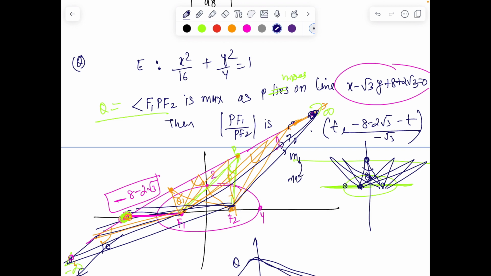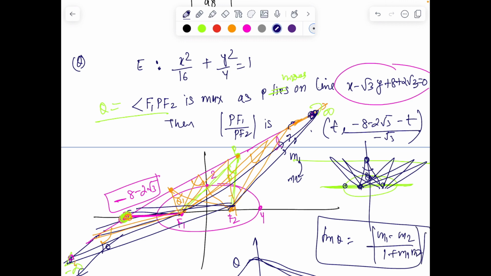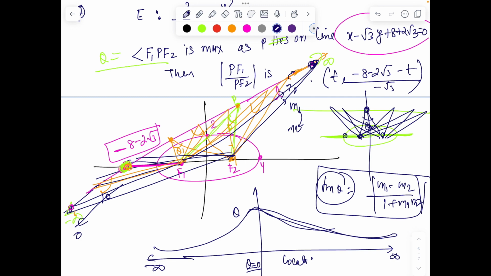So m1 and m2 are known as a function of t. I can use the tan theta formula, m1 minus m2 by 1 plus m1 m2, and plug those values in terms of t. And to get the maximum value of theta, of course we have to maximize tan theta.